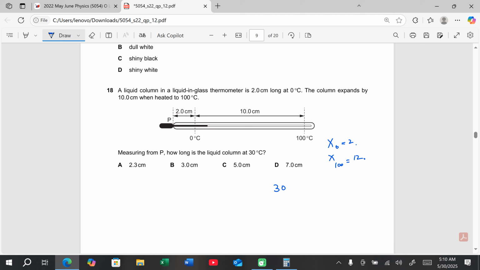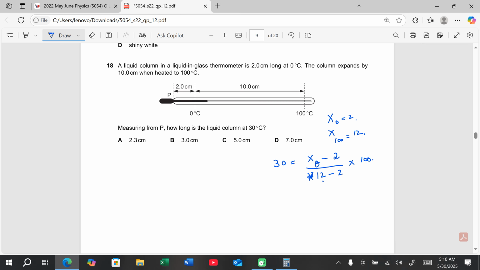So 30 is equal to (x theta minus x naught, which is 2) over (x 100, which is 12, minus x naught) times 100. So it is going to be 10. 10 is going to multiply, so that's going to be 300 divided by 100, which is going to be 3. So negative 2 will go and add up there, so it's going to be 5.